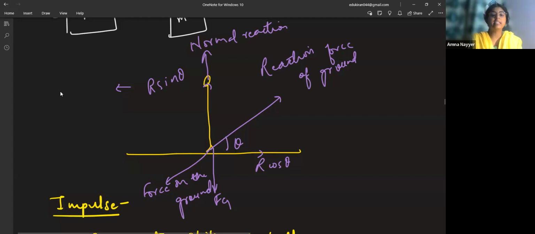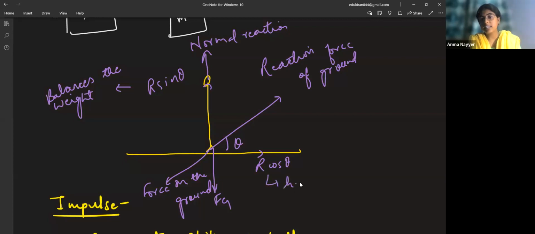R sin theta actually balances the weight of the body, while R cos theta helps the person to move. So there was one example-based question from Newton's third law of motion: explain Newton's third law with reference to a man walking on ground.